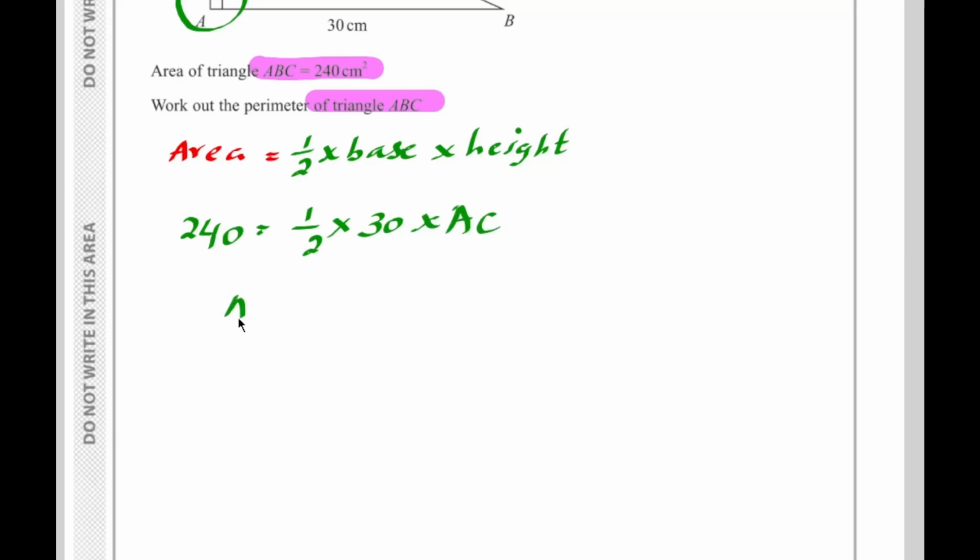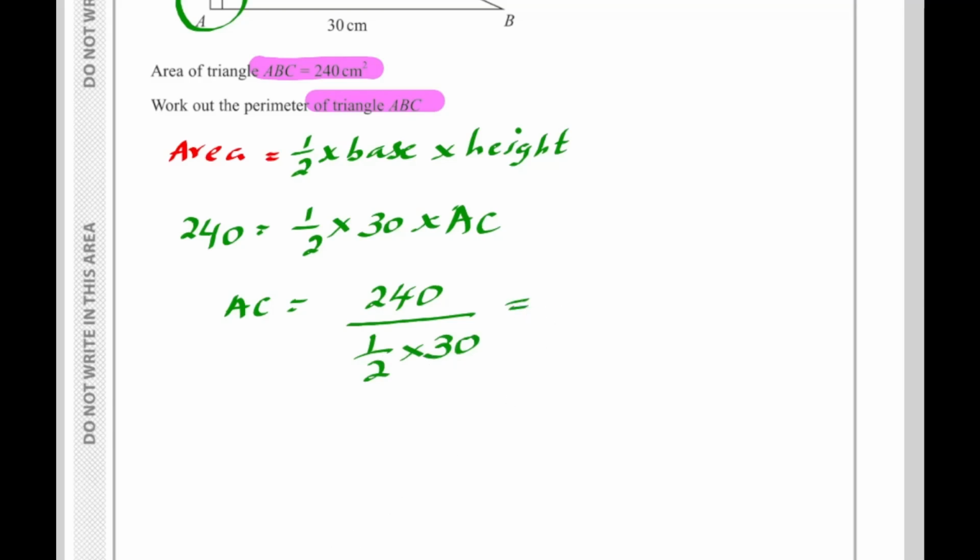Then AC equals 240. Everything is connected with multiplication. When I am moving them to this side, they become division. Then use the calculator and get the answer.